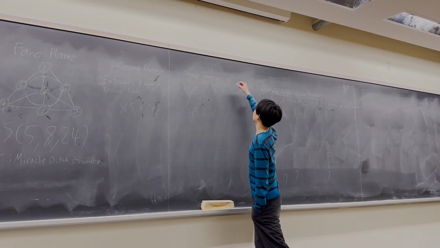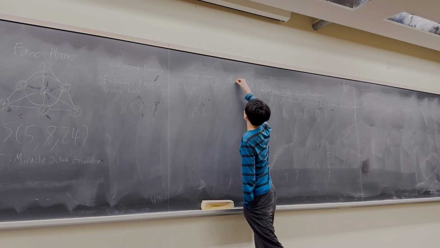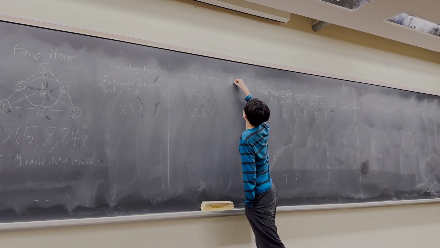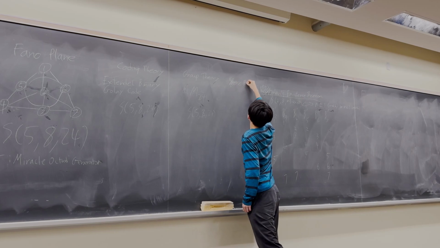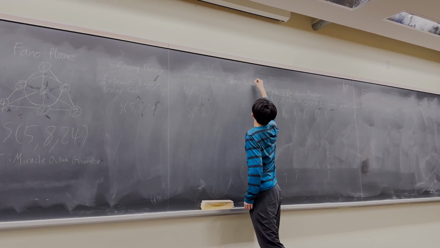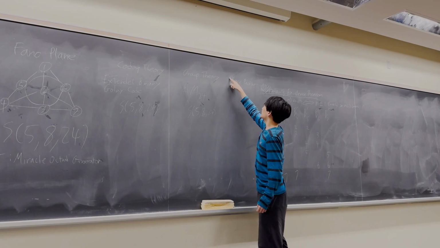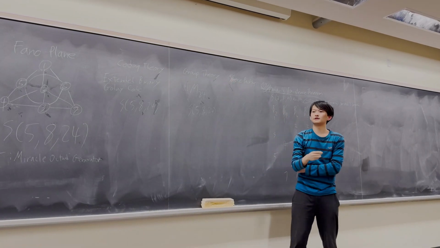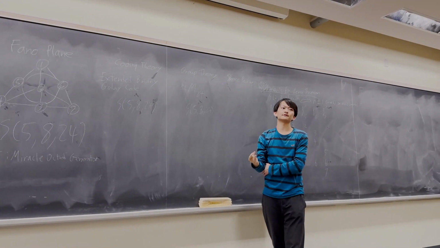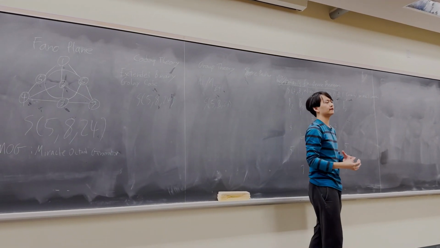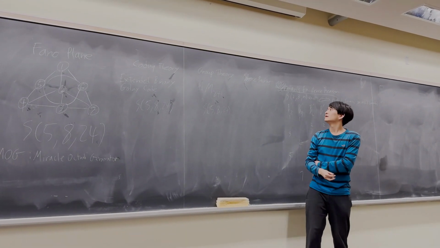The next one is sphere packing. Sphere packing is essentially the question of how many n-spheres can we fit in R^n such that the volume of R^n that is occupied is maximal.